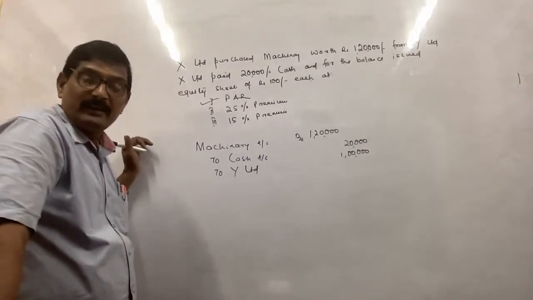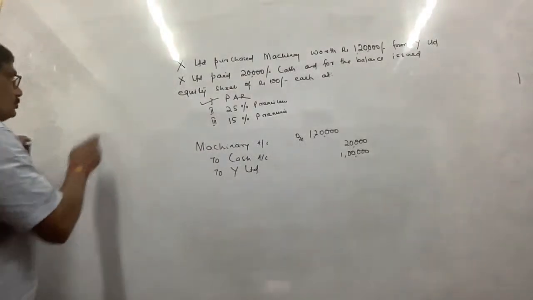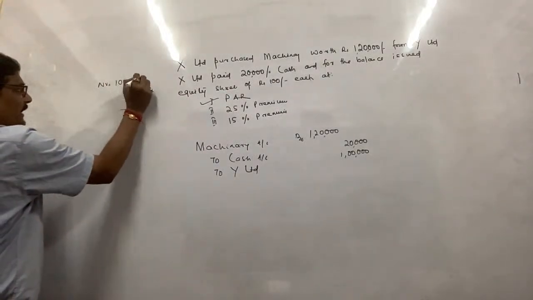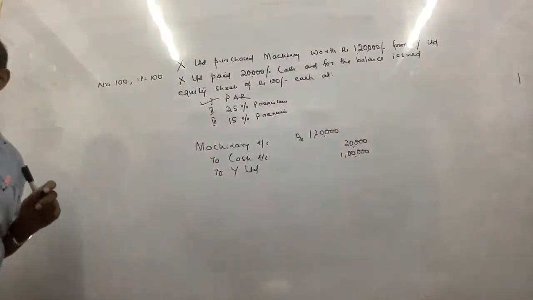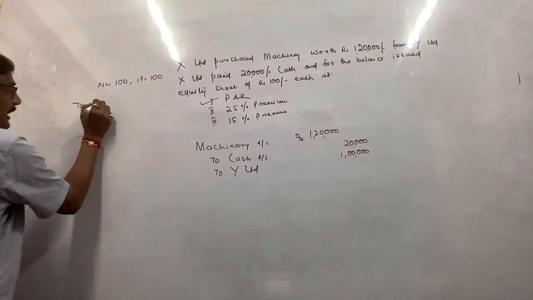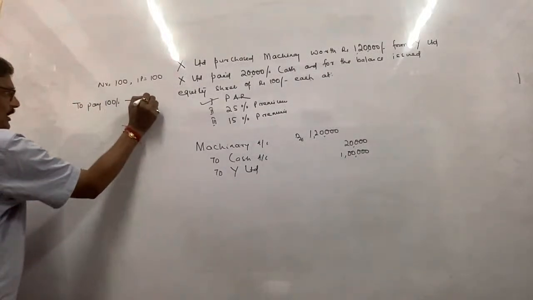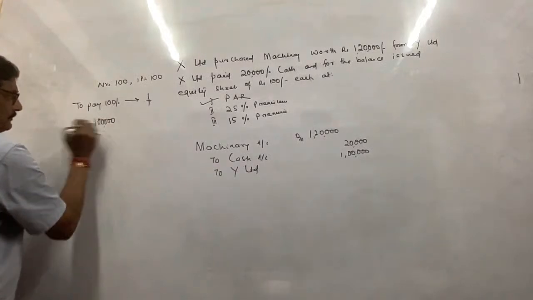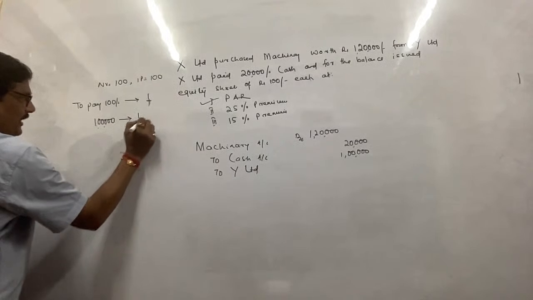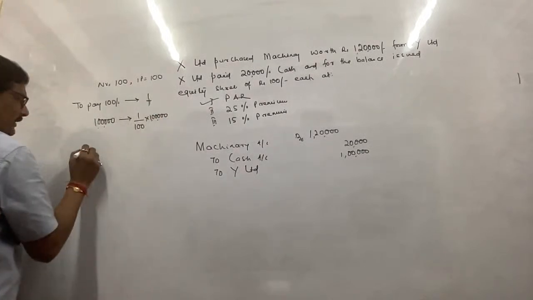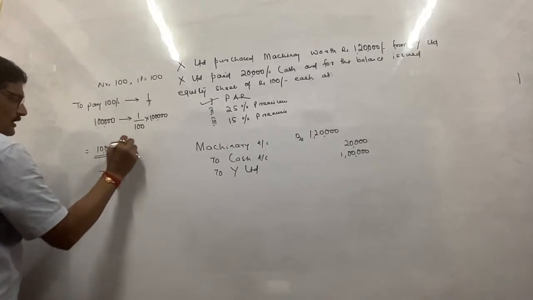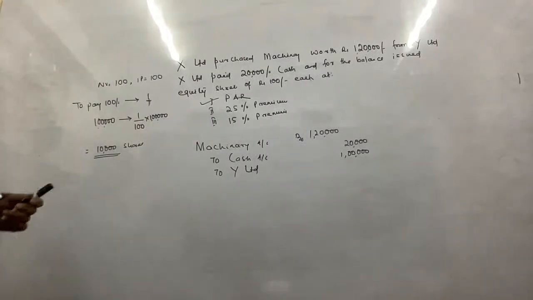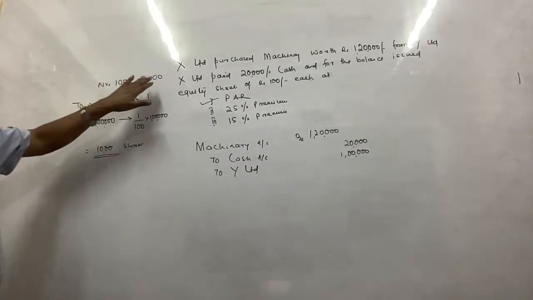In the first case, shares are issued at par, means nominal value is 100 and issue price is also 100.